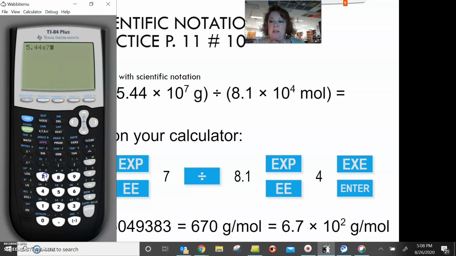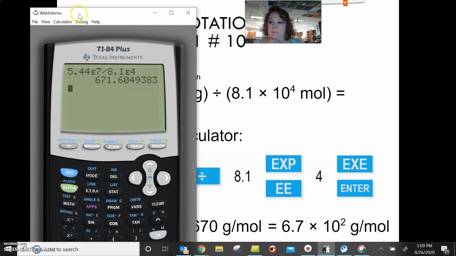So in this case, it is an exponent of 7, then divided by 8.1. Again, there's an exponent, so that's going to be the second EE key, and the exponent is 4. We enter it, and this is what we get.